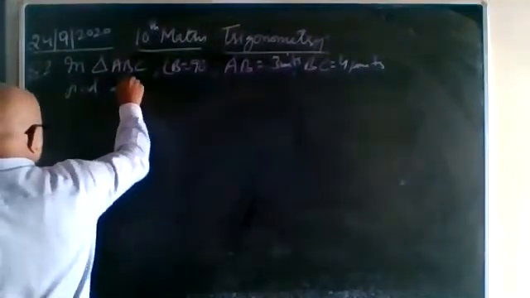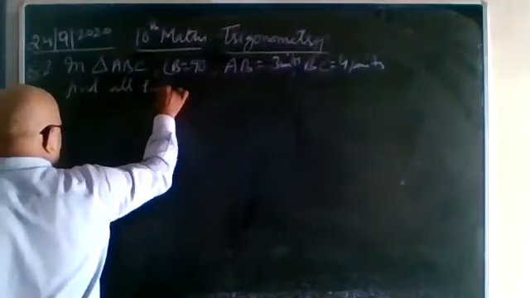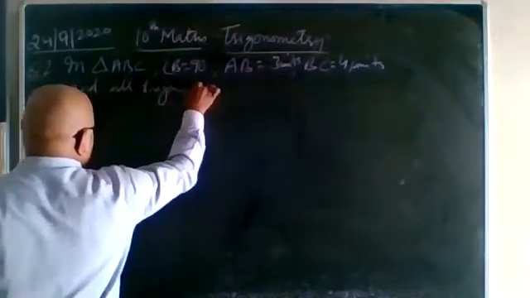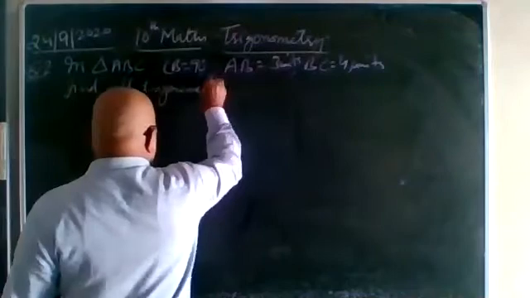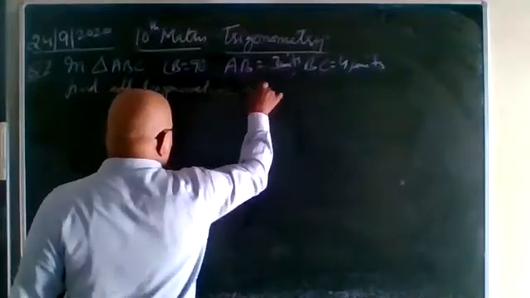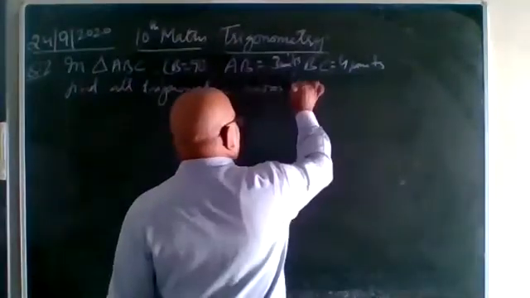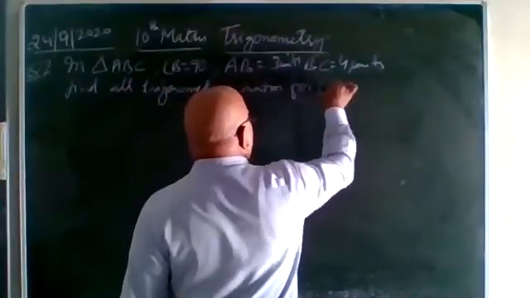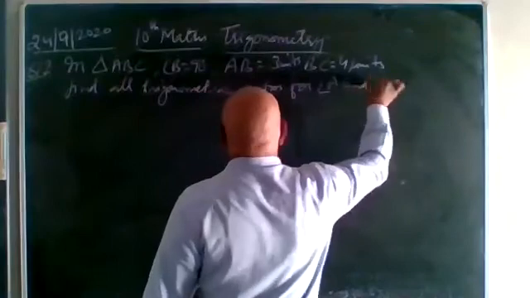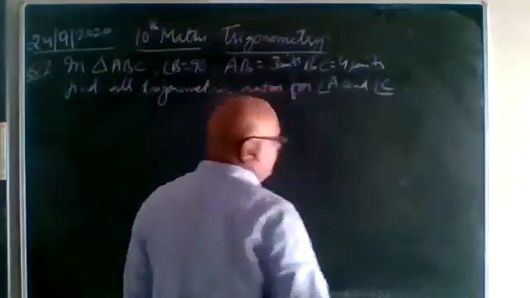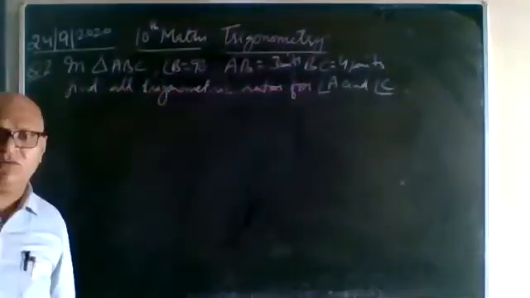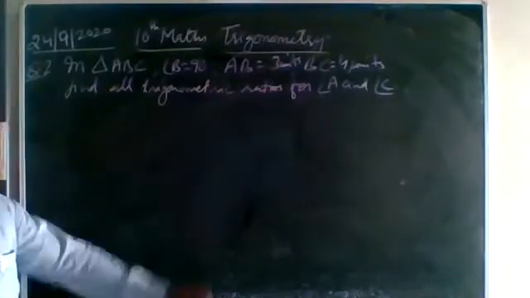Find all trigonometric ratios for angle A and angle C. You have to find out for angle A and for angle C.